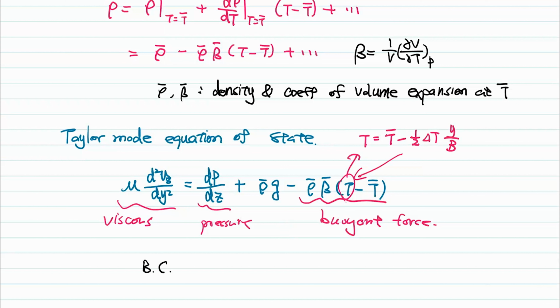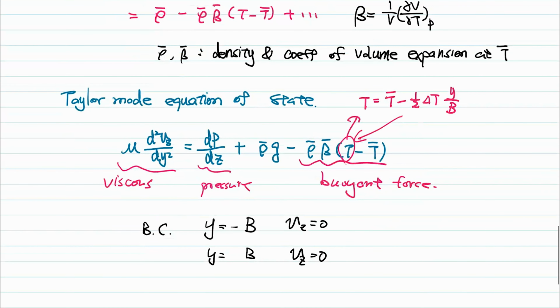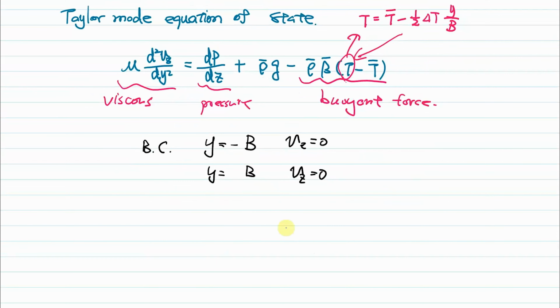The boundary conditions are simple. At the no-slip condition, at y equals negative b, vz equals 0. At y equals positive b, vz also equals 0. If you solve for that, you finally get the solution, and it is actually quite elegant.